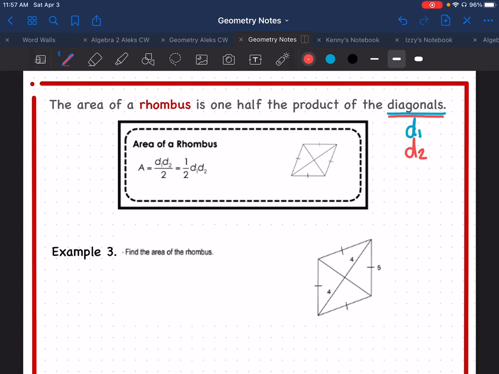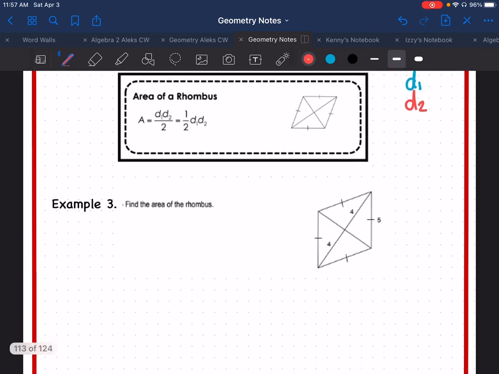So in example 3 here, we're going to find the area. I'm going to use my colors here to help me. There's one diagonal, and there's the other diagonal. Now I can already see that D1 equals 4 plus 4, or 8 units.